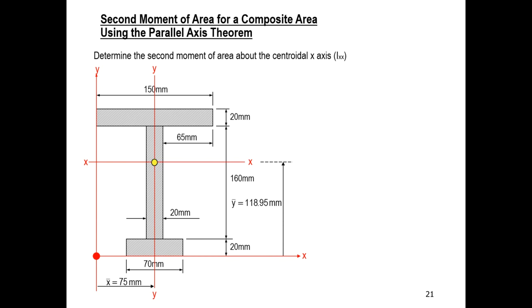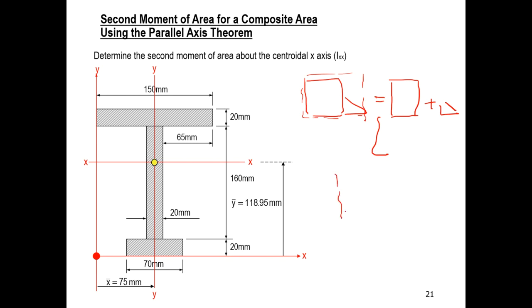For example, if I have a shape like this, I can write this as a rectangle plus a triangle. That is one solution. The other solution is I make a large triangle like so, a large triangle minus a tiny shape here, right?